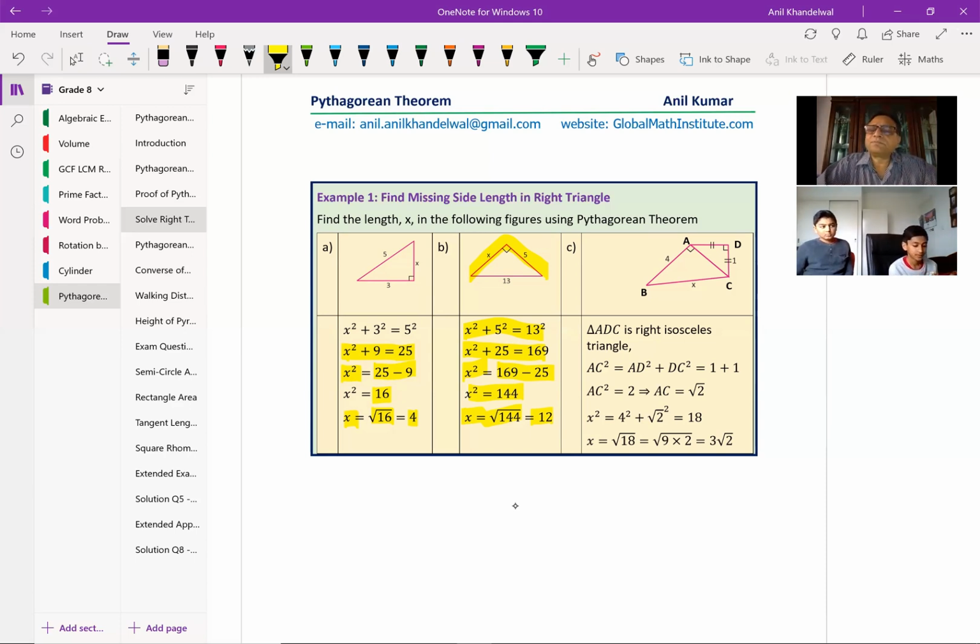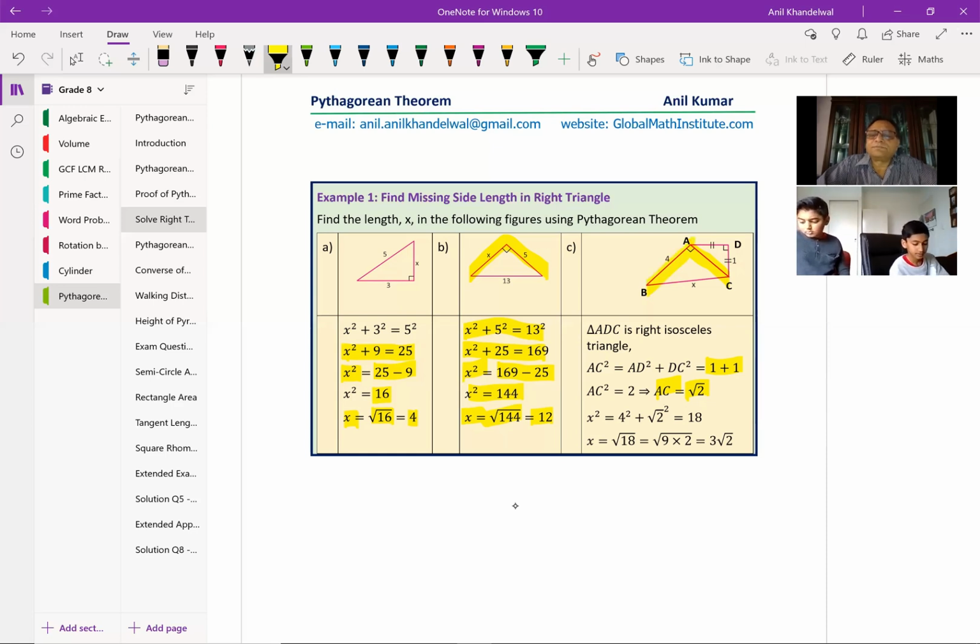So first I found the hypotenuse of the triangle ADC. So 1 squared plus 1 squared equals c squared. So c squared equals 2, and c is the square root of 2. Then I found the hypotenuse of triangle ABC.